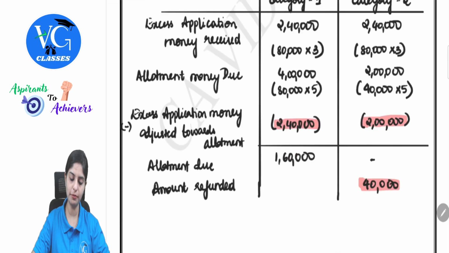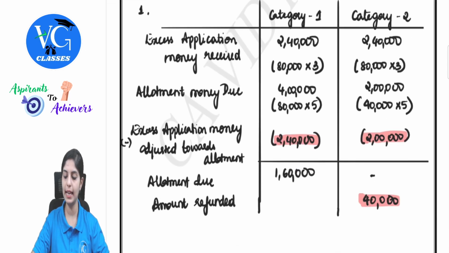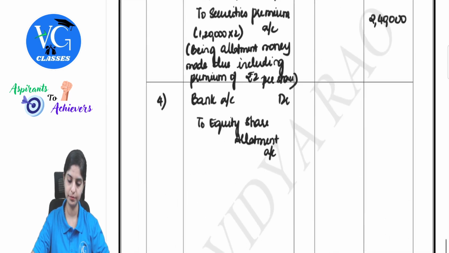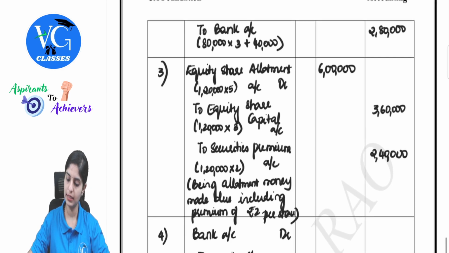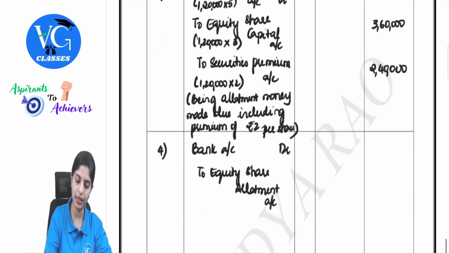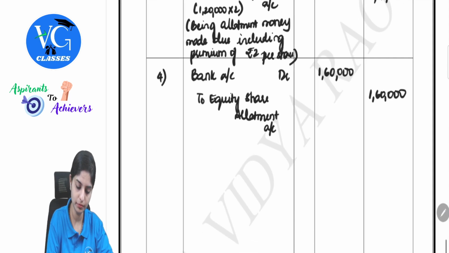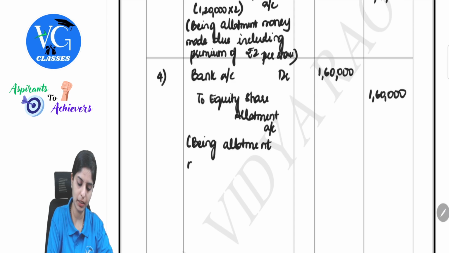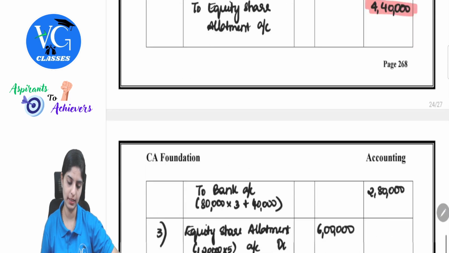Here if you observe, there was an outstanding of 1,60,000. 6 lakh minus 4,40,000 is nothing but 1,60,000 is what we have found out there. 1,60,000. Being allotment money received. Is this clear? Yes.